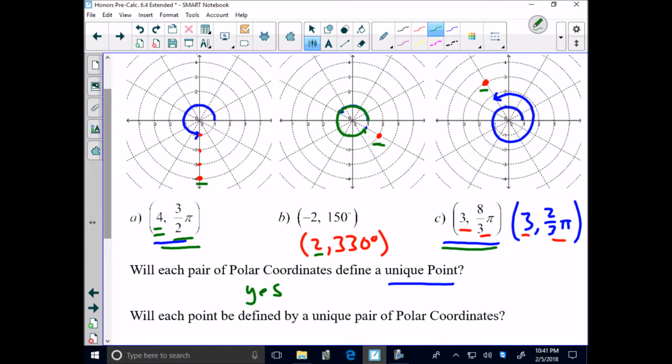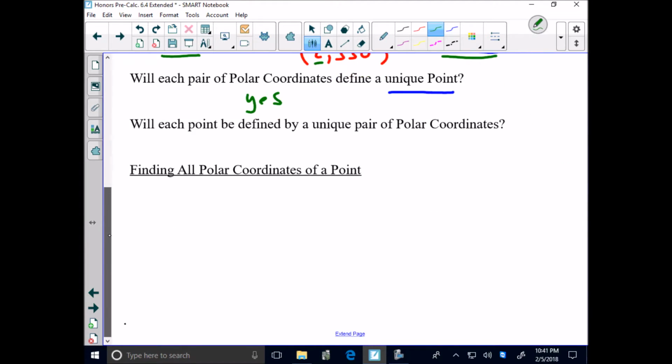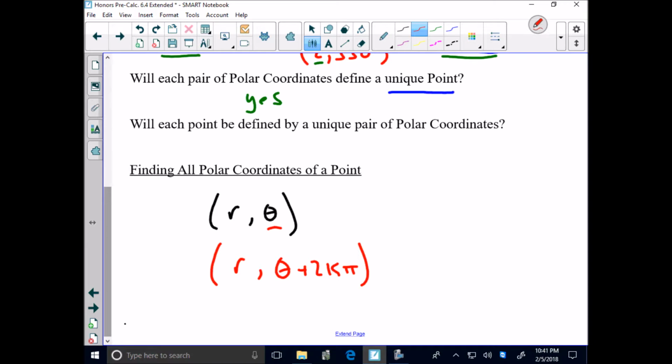And in general, what we can say is if we want to come up with all of the polar coordinates that will define a point, we'll say the generic point r theta, we can say that if we have the same r value, any coterminal angle to theta, which could be defined as theta plus 2k pi, where k is an element of the integers, will take us to the same point.